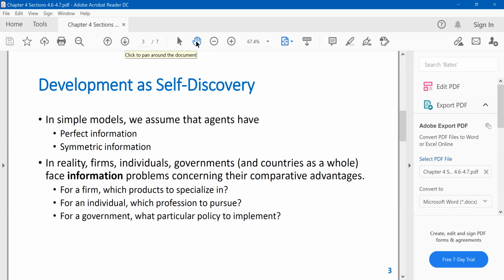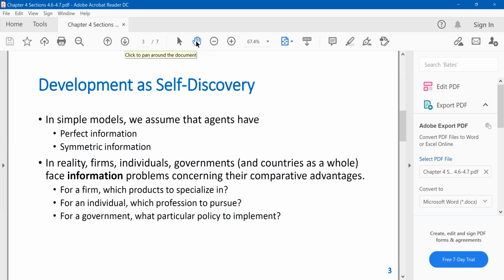So under these very nice conditions about information, of course, people maximize their utility, firms maximize their profits, minimize their costs, and government finds correct policies, right? Governments also have perfect information, exactly identify what the optimal policy is.